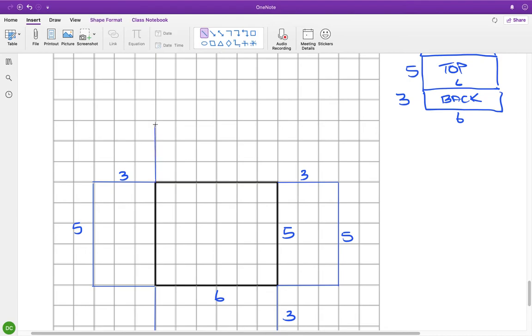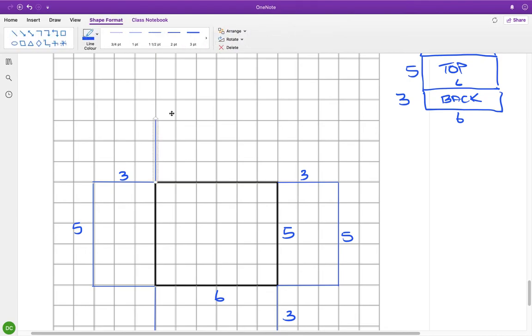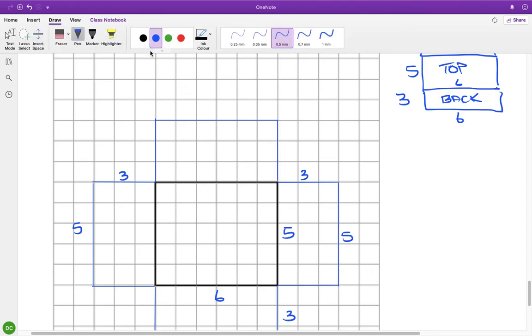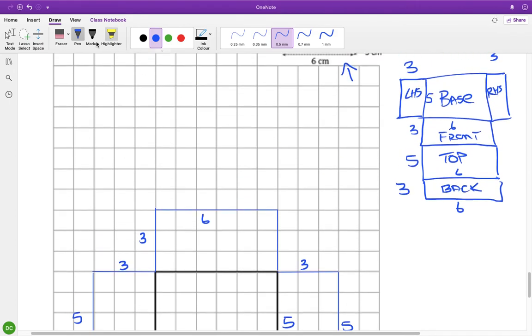So go up 3, insert the line, going across 6, insert line, and up 3 again. Okay, draw. It's going to be 3 and 6, and then the last one is going to be a 5 and a 6.